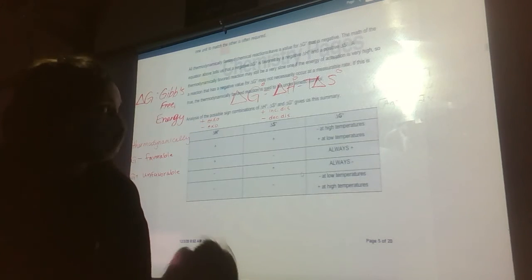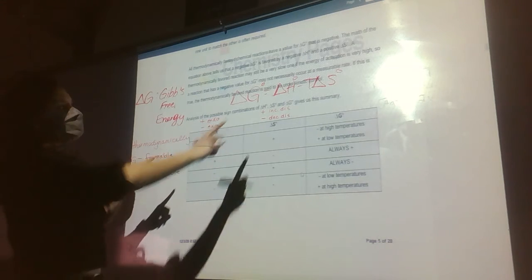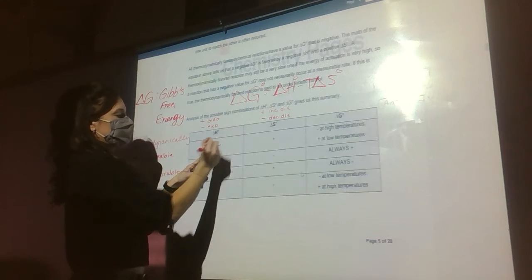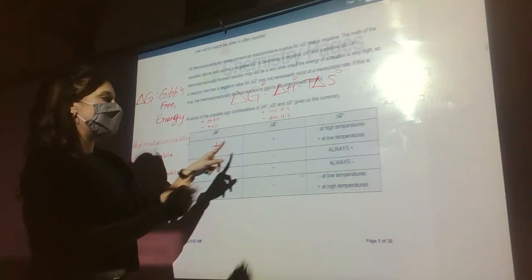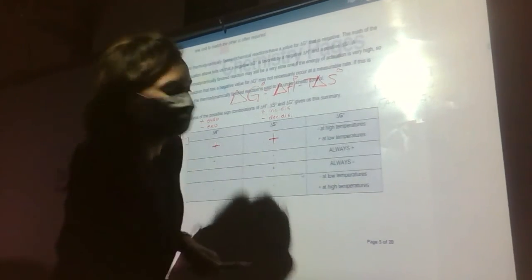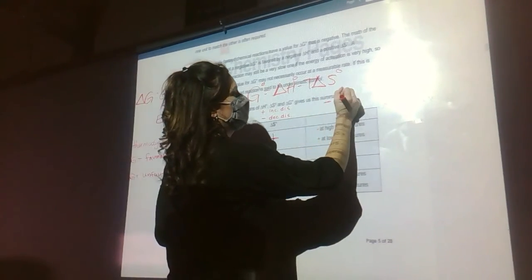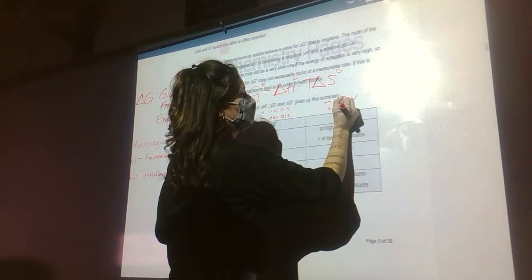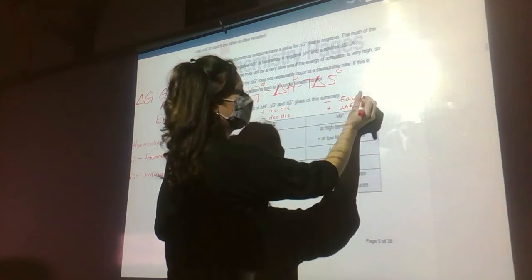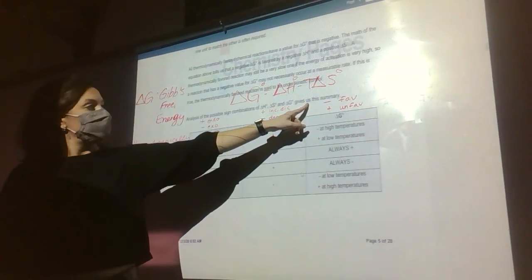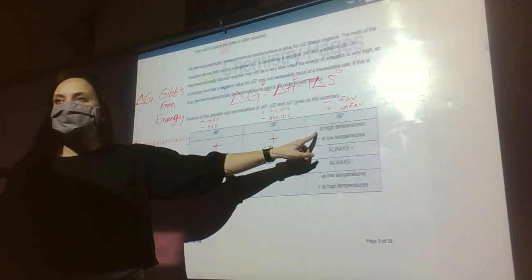So, if delta H is positive and delta S is positive, this is negative at high temperatures.